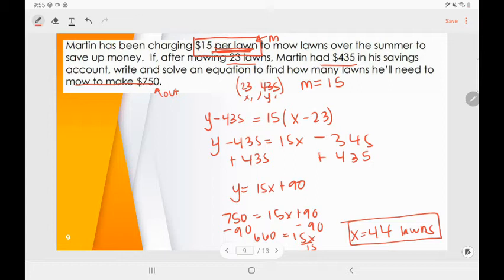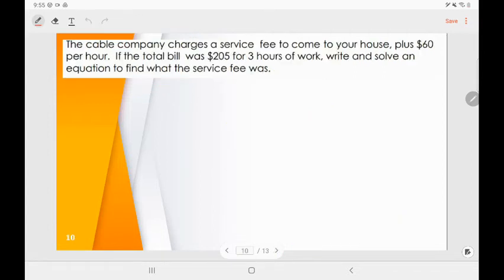Okay, take a second on this next example, pause and try it by yourself. All right, a cable company charges a service fee to come to the house plus $60 per hour. Hey, that's my rate of change. So M is equal to 60. Automatically, I know.